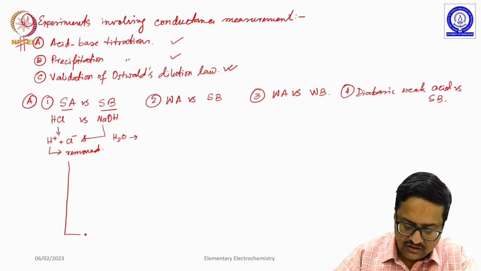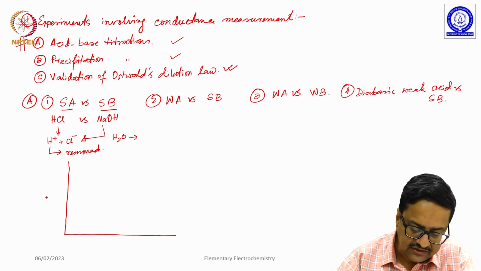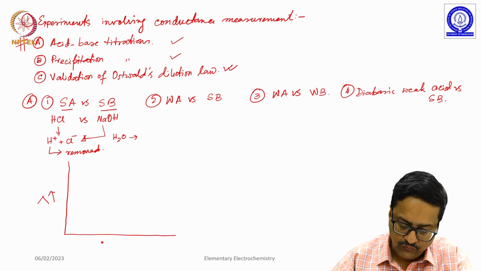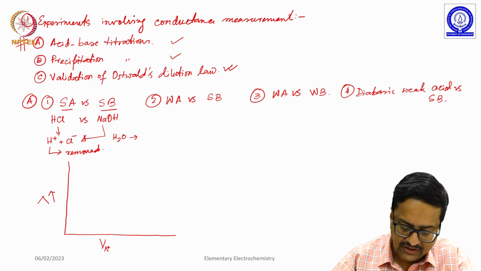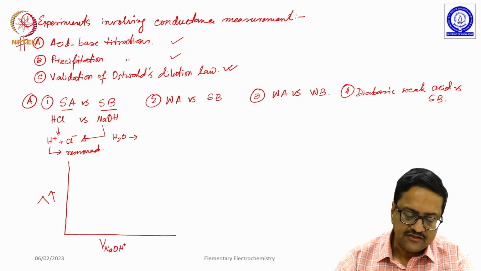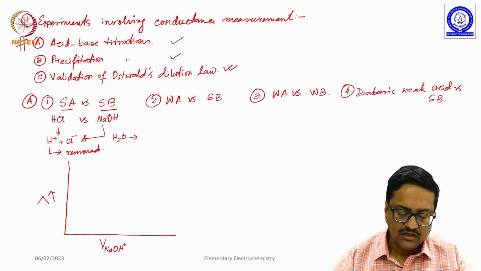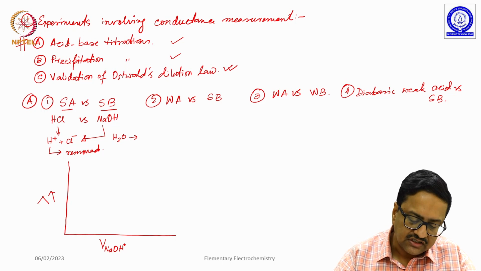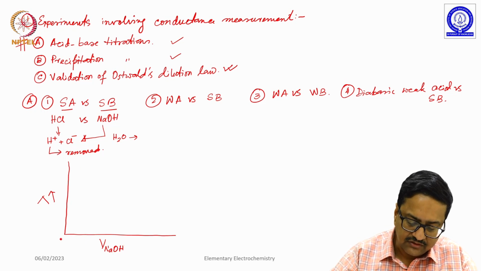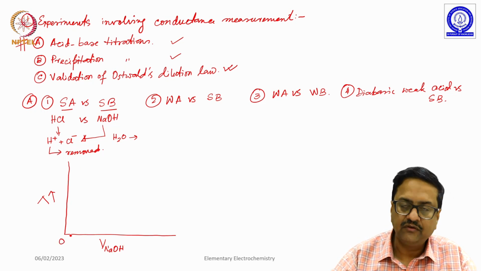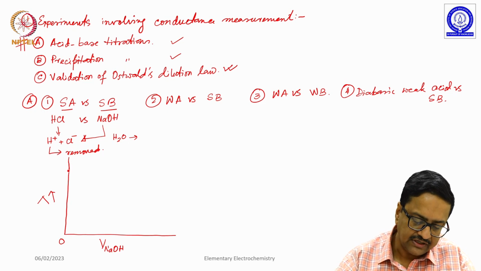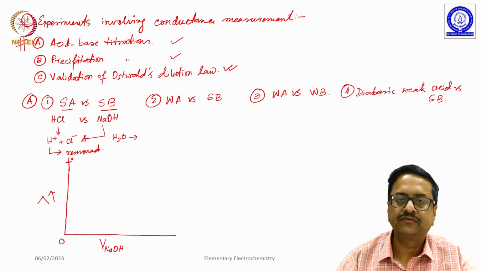If we try to plot the value of conductance of a given solution against the volume of NaOH added, H plus ions having very high ionic conductivity, the solution will initially, when no volume of NaOH is added, have a very high value of conductivity.